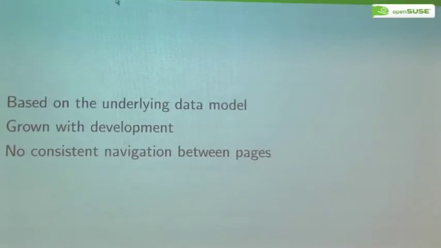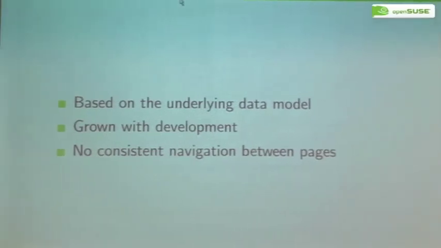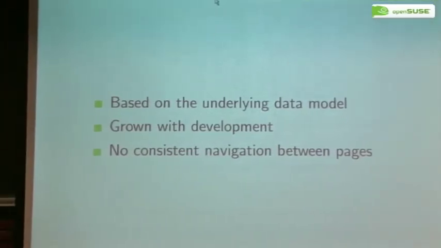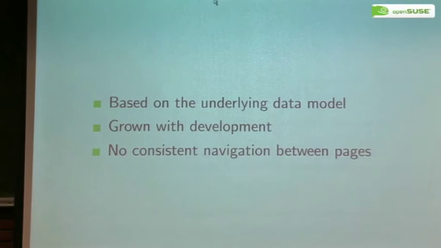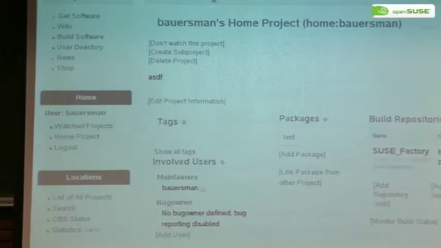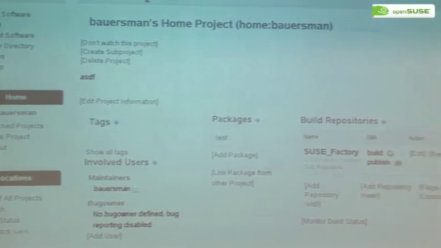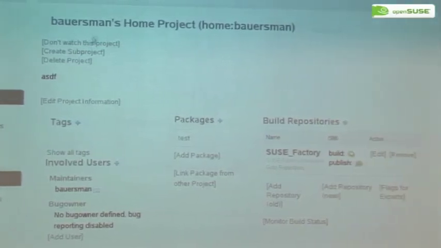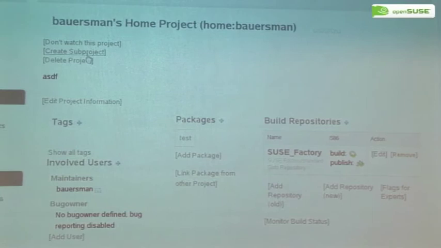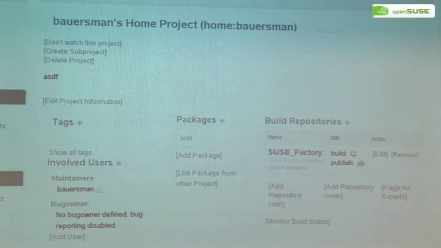Another thing is, it has grown with development, as I said, and the navigation is not really consistent. For example, to add a new project, you can create a sub-project, which would add a project below this project, like home:Bowersman:test.